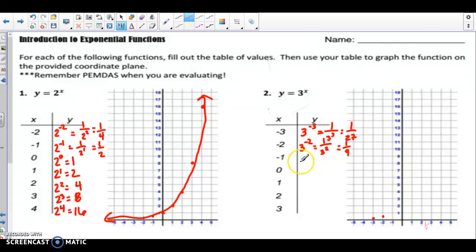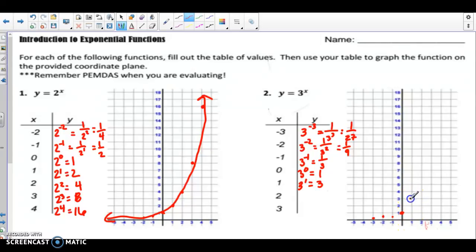Then 3 to the negative 1, so 1 over 3, a little bit bigger, but still not much. So when x is negative 1, y is 1/3. 3 to the 0, again, anything raised to the 0 power is 1. So when x is 0, y is 1. 3 to the first is 3.